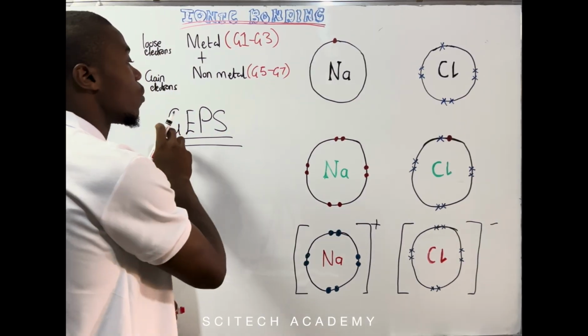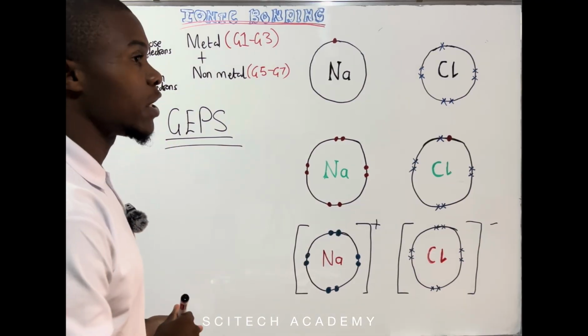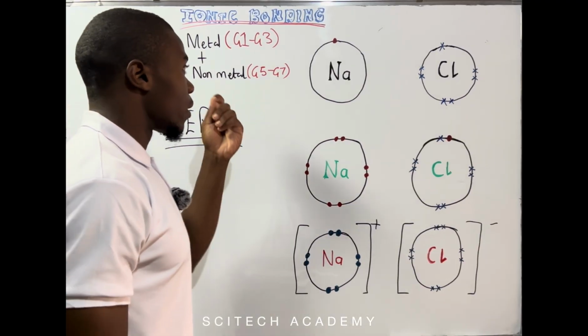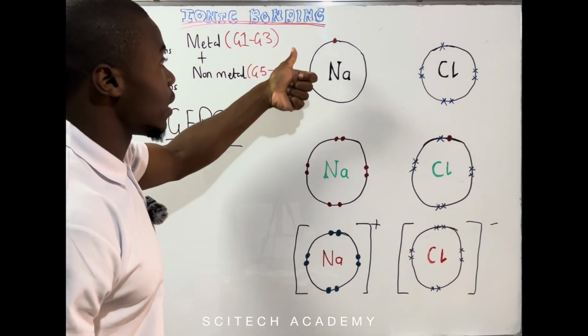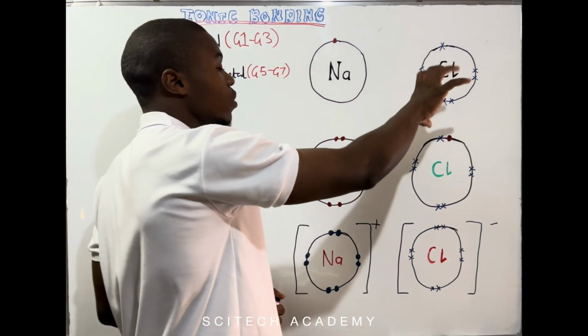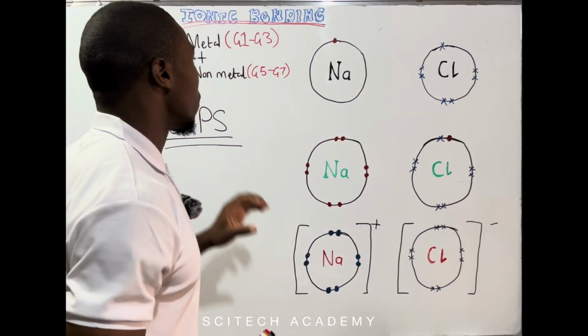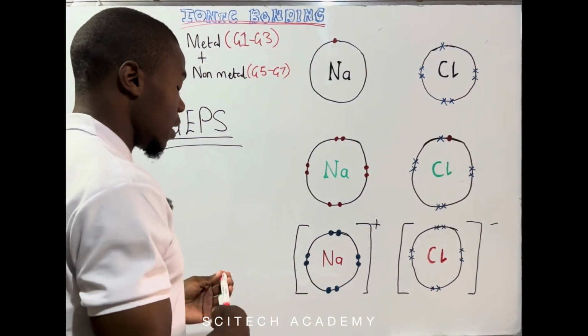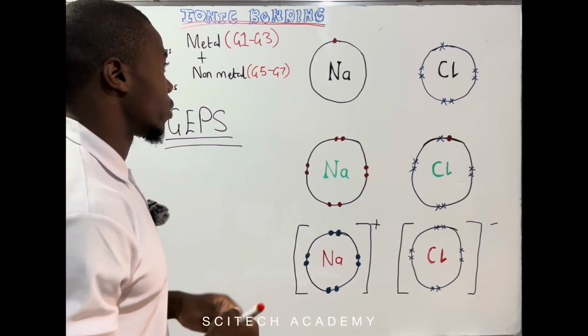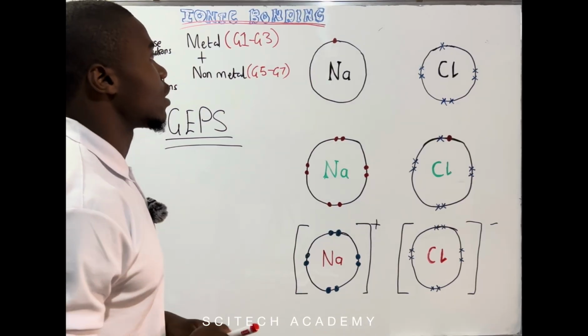Here we are focusing on the groups, which indicate the number of electrons. But anyway, back to our main business. If you look at sodium, it has 1 electron in the outer shell. Chlorine has 7 electrons. According to the operating principle, sodium will lose that electron. Once it loses that electron, what will happen?